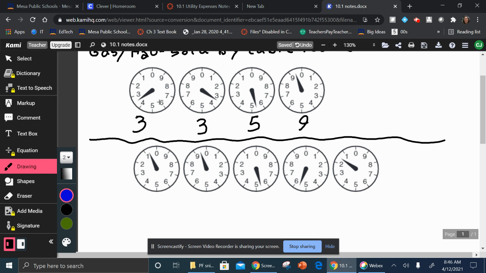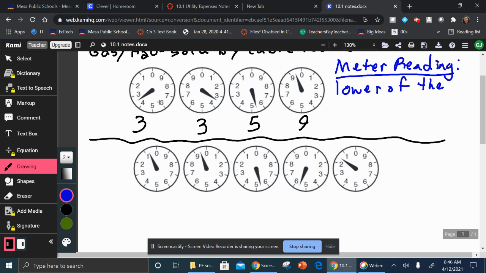Okay, so meter reading. The lower of the two numbers that the arrow is between. Remember the exception.